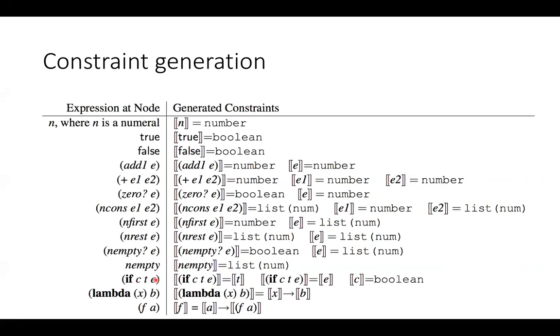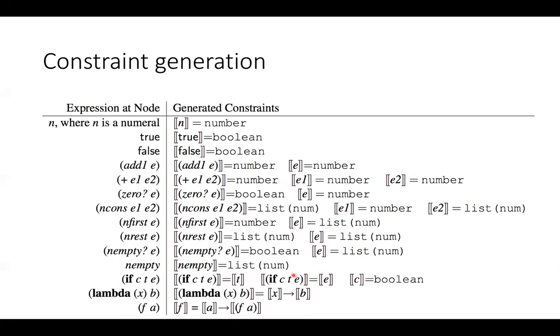I want you to think about this for a second. If we're going to do type inference on something, how do we determine the type of an if statement if we're not actually executing code? What do you think? What is this line saying?